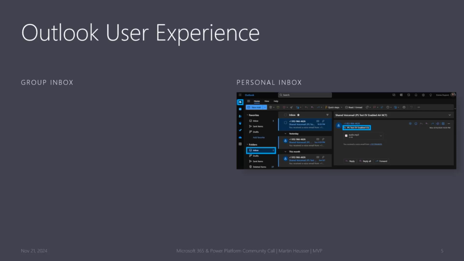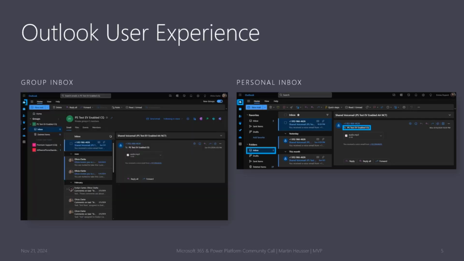So if you're not familiar with it, this is the Outlook user experience for an end user. On the right, we have one user, Amer, and she's currently in her personal inbox, but you can see the To field. It says the name of the group from the Microsoft 365 group. So this PS test EV enabled CQ, that's the name of the group.